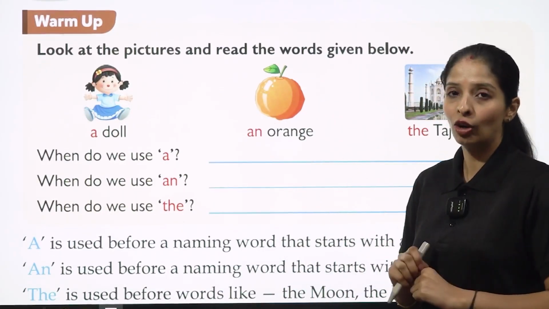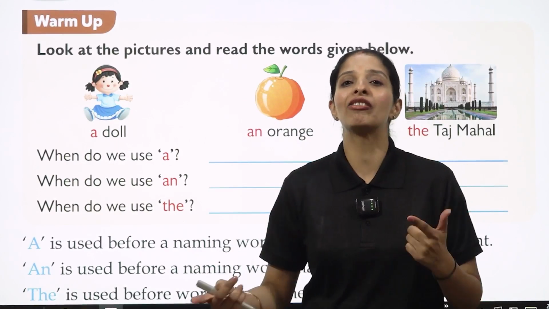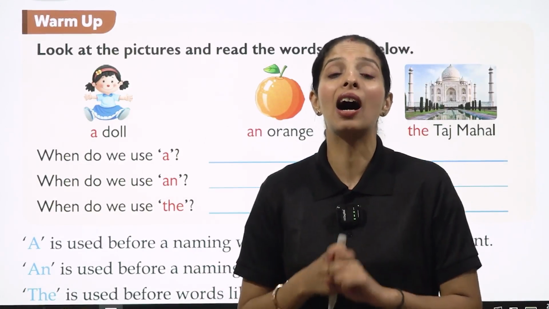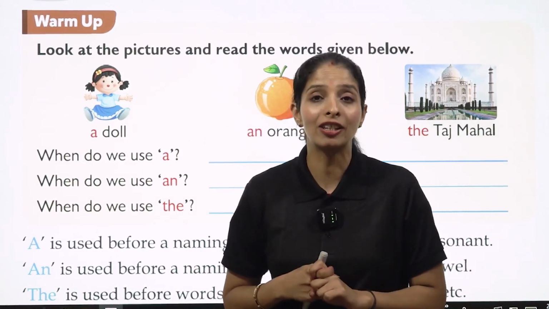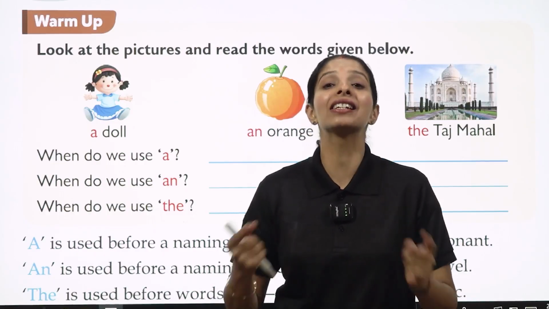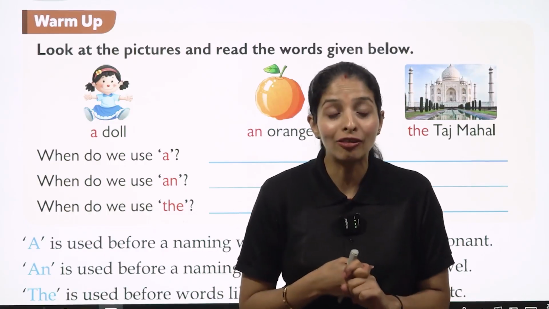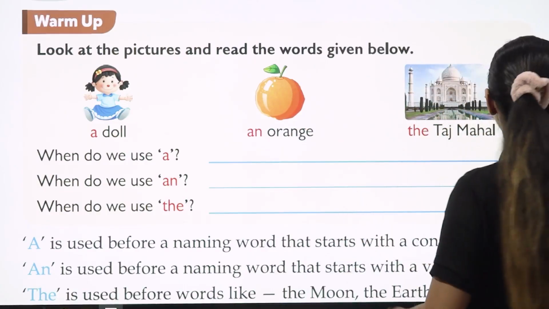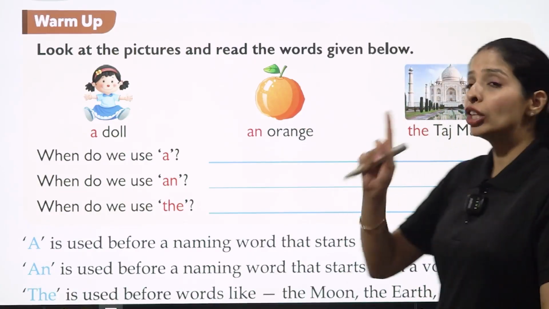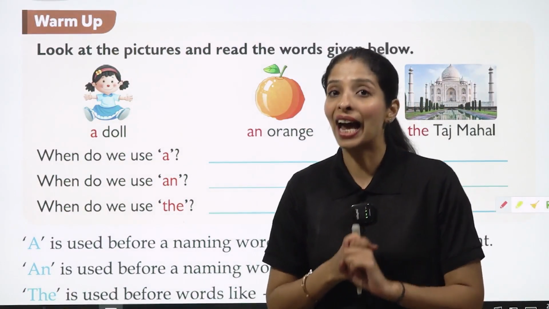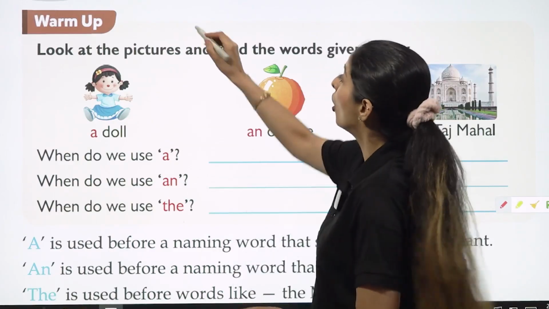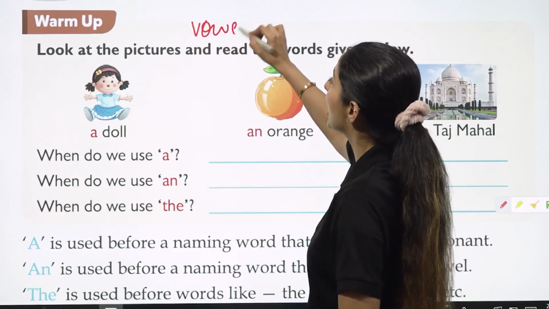Before starting the warm-up, just quickly revise how many letters there are in the English alphabet. There are 26 letters in the English alphabet. Now, if you remember, we know the concept of vowels and consonants. So, can you tell me how many vowels there are?